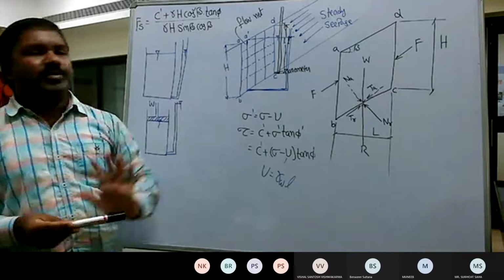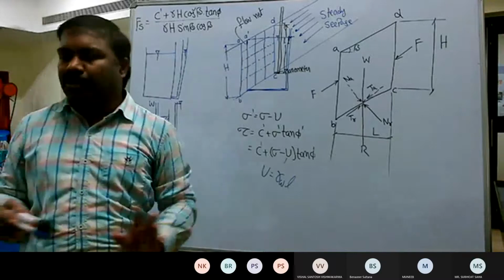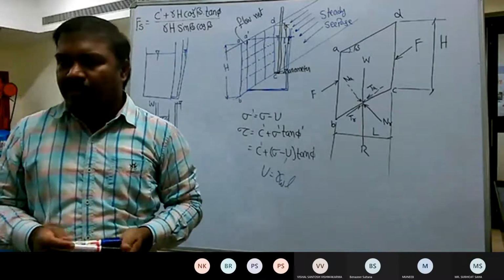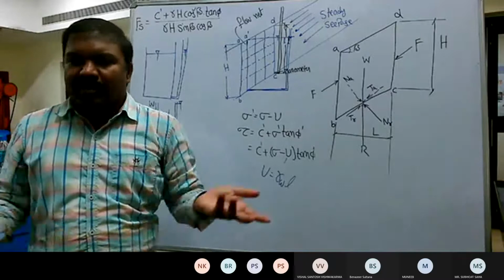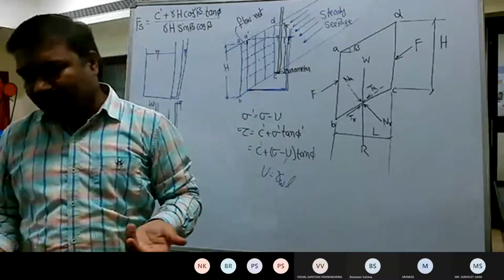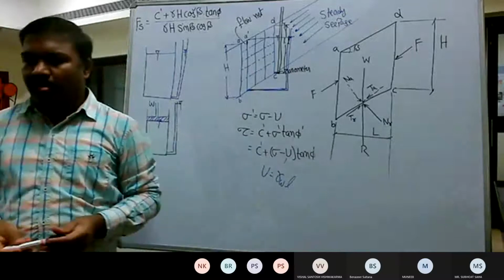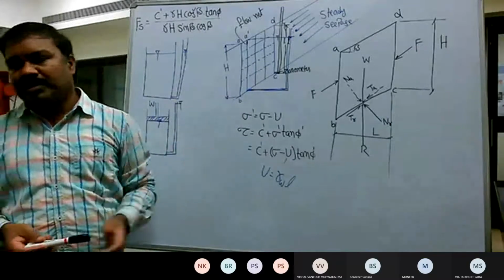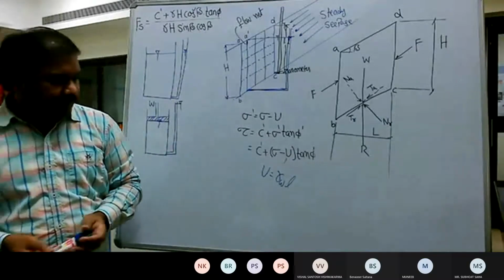As long as you are assuming the laminar condition, there is absolutely no problem. But if you are not assuming laminar flow, your Darcy's law is also not valid. Darcy's law is valid only for laminar flow.